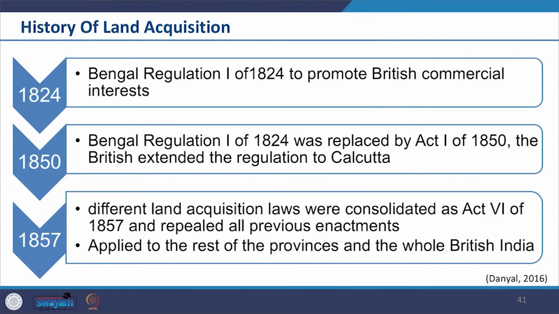The Bengal Regulation 1 of 1824 was replaced by Act 1 of 1850, by which the provision for land acquisition was extended to Kolkata town. By 1857, various laws on land acquisition were consolidated as Act 6 of 1857, and it was made applicable to the whole of British India.